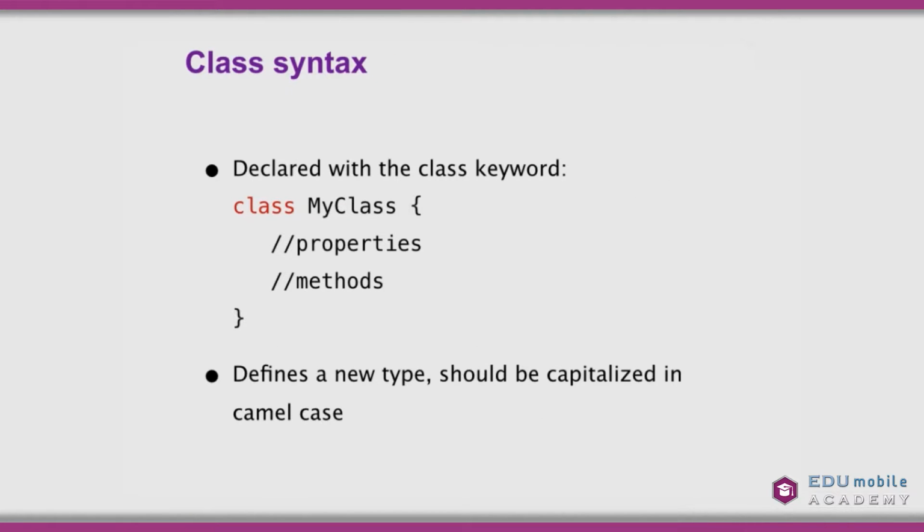To declare a class, it's very simple. We declare it with the class keyword. We have properties and methods. A class, because it defines a new type, should be capitalized and in camel case. So here we have class MyClass with its properties and methods. So what's the difference between class syntax here and a structure syntax?